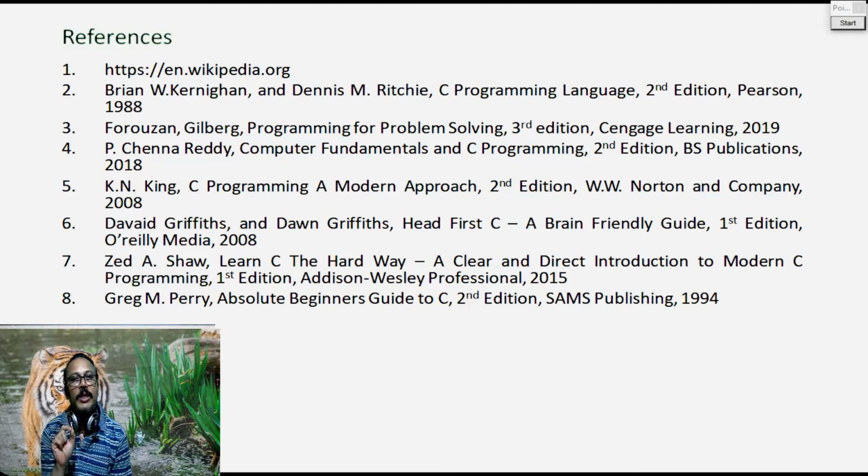There is language, syntax and semantics. Just try to go through any book. After that, solve problems and try to implement them, run them on the computer by typing them. You'll get the C language. So you need not bother too much about the textbook. You can choose any textbook.